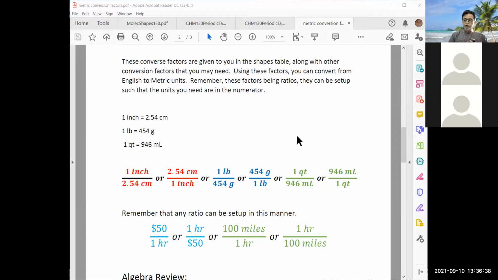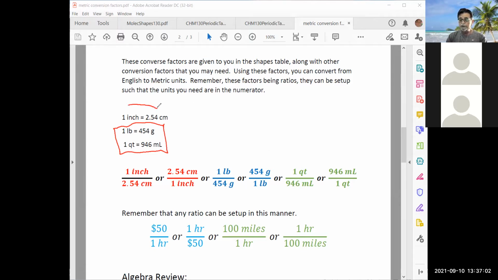Of these 3 conversion factors, the bottom 2, the pounds to grams and the quarts to milliliters, are considered not exact numbers. They're measurements. That means that the 454 and 946 could be a factor in your final answer with respect to sig figs. There's 3 of them.